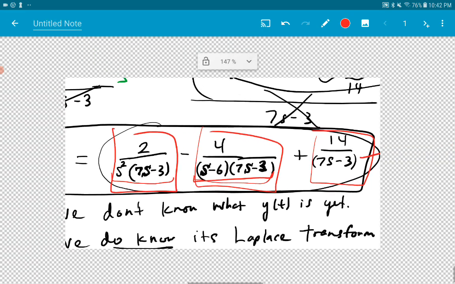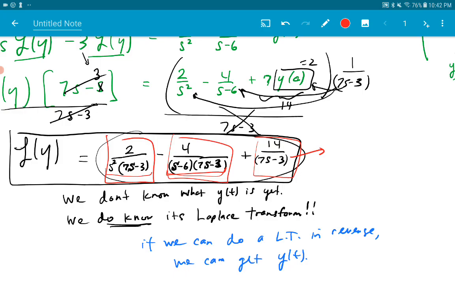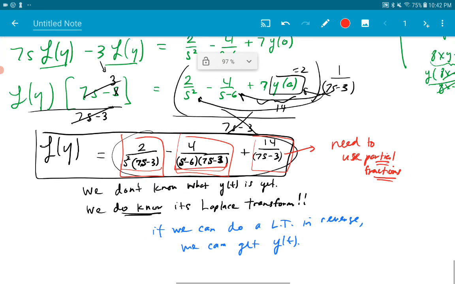So the technique we need, if we wanted to take the inverse Laplace transform of all this, is a technique called partial fractions. I'll show you what that means, but it's just a technique to write each of these terms in a slightly nicer form so that we can find things in our table to undo them. Okay, so that's the next technique we have to look at.